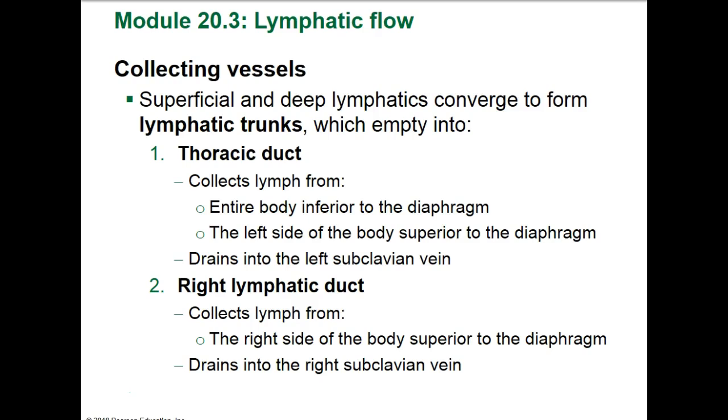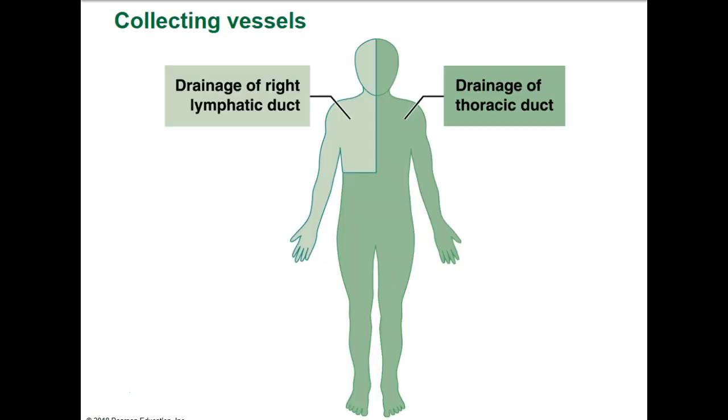Okay, then the right lymphatic duct, it collects lymph from the right side of the body superior to the diaphragm, and then it drains into the right subclavian vein. Same thing. Okay, so this shows some of the distribution.